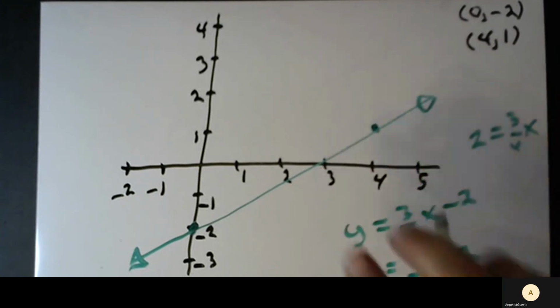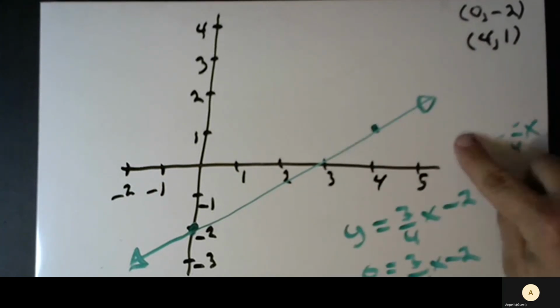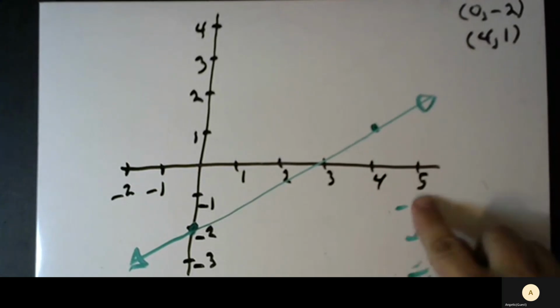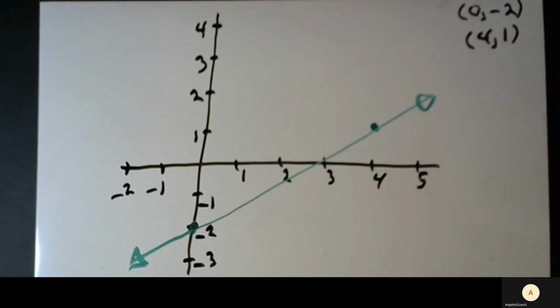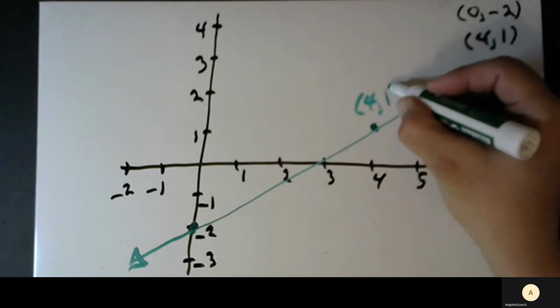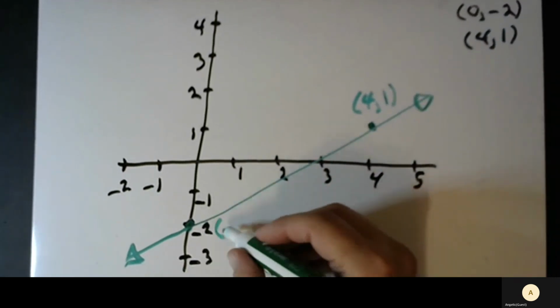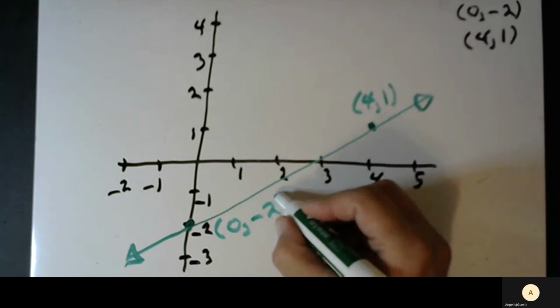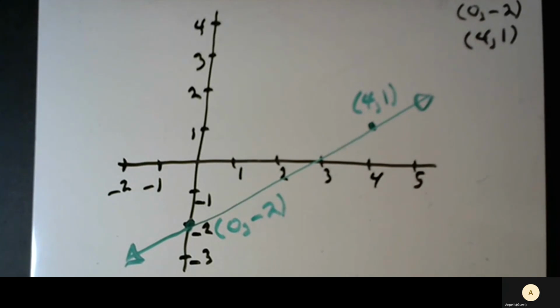So yeah, it's about right about there. So that's going to be your line. Any questions about that? And again, you're just using these 2 points, 4, 1 and 0, -2. So that's how you can use slope to come up with that second point. We're given a first point with the y-intercept, but we can use slope to come up with a second.